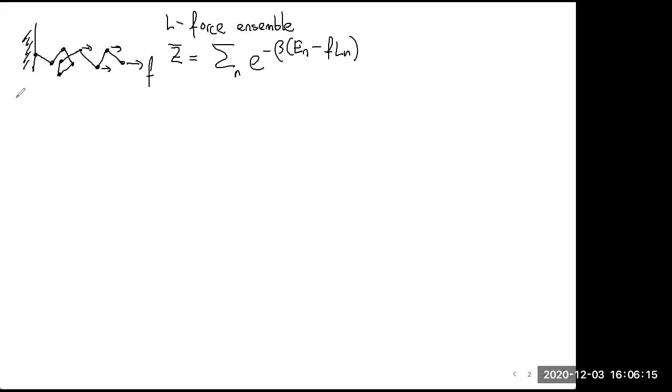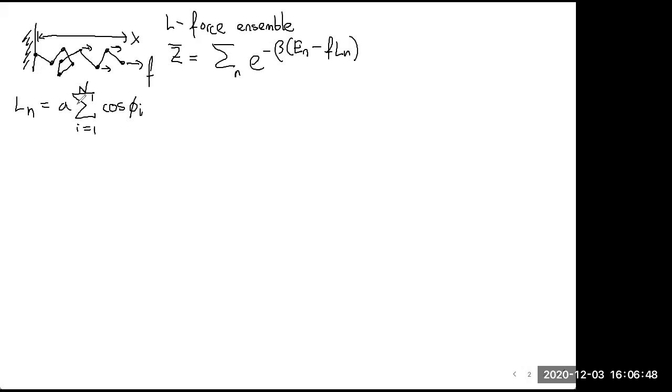So I will define L_n as a sum from i equals 1 to n of cosine phi_i. Why am I writing this? Because cosine phi_i is the projection of each monomer on the horizontal. This will be the total length along the x-axis.